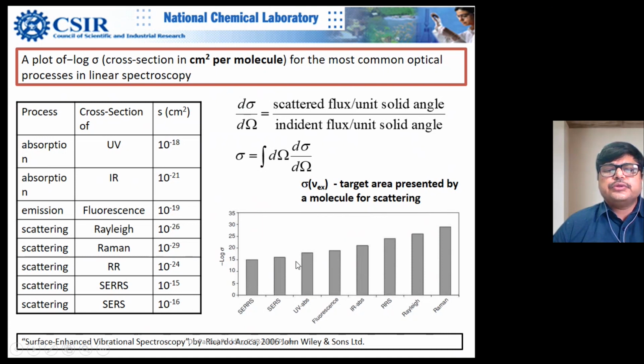If you note, this is the scattering cross section, and here we have SERRS, which is actually surface enhanced resonance Raman spectroscopy. Its scattering cross section is 10 to the power minus 15 somewhere here. You can see it here, and so this is quite high actually.